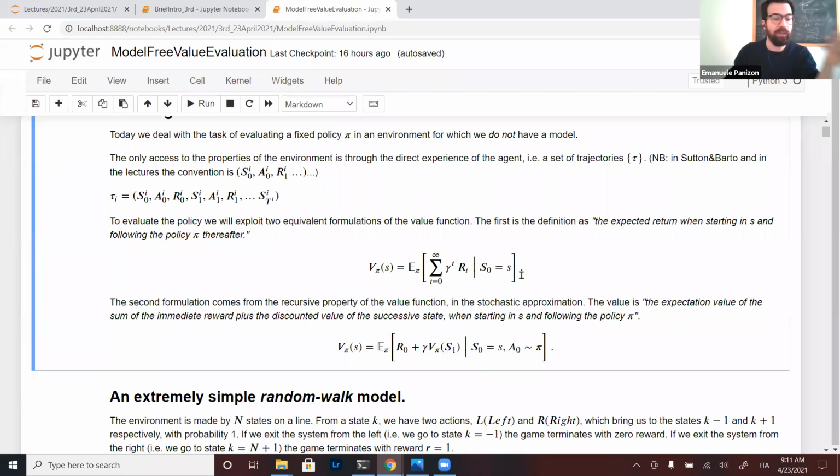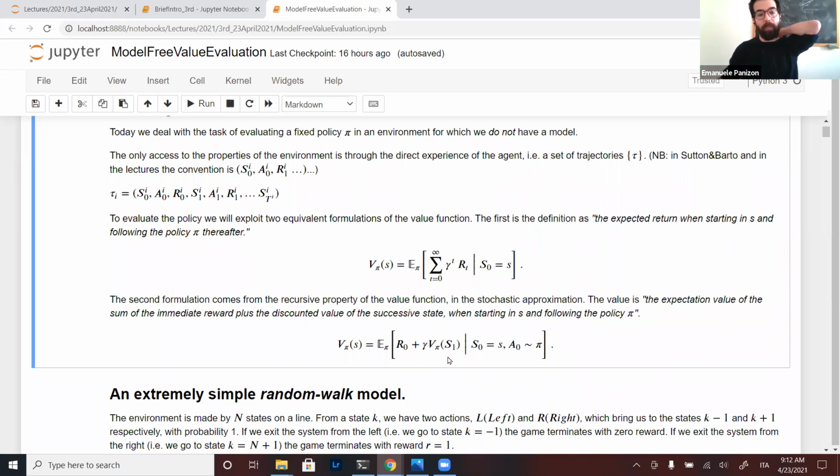So you see that the first definition just needs the returns. If you know the returns, you can calculate it. The second one, you need to know the value in the next state to measure it. So there will be two different ways to deal with the two definitions.